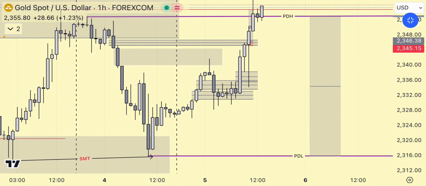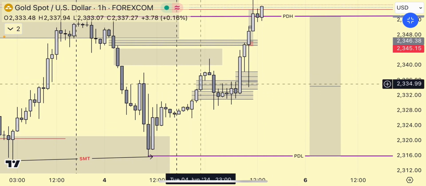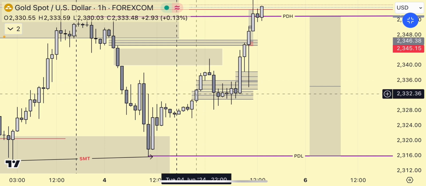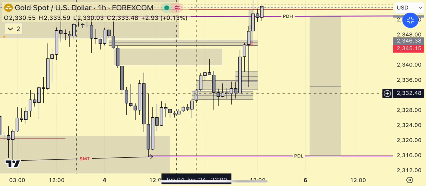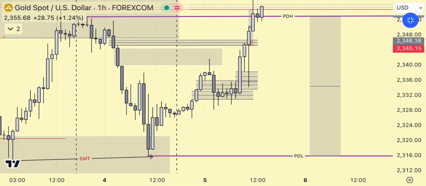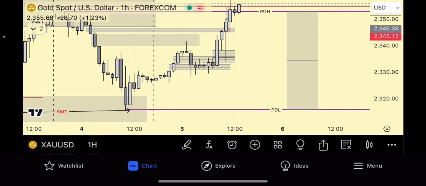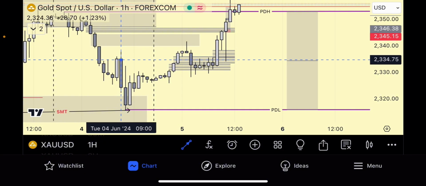So when we came down, observing how we moved away, look at these candles here: this first candle, second candle, and third candle. It was a straight and strong bullish move, which actually makes this a break of structure.